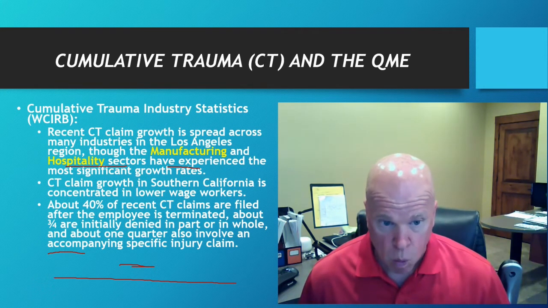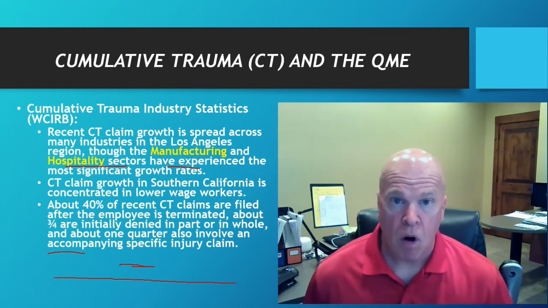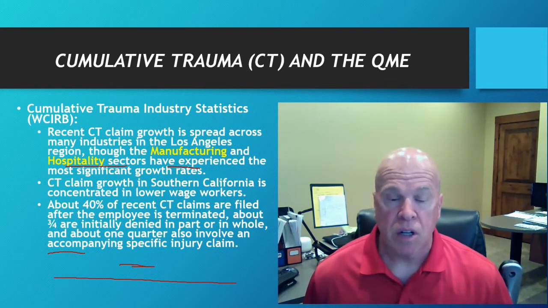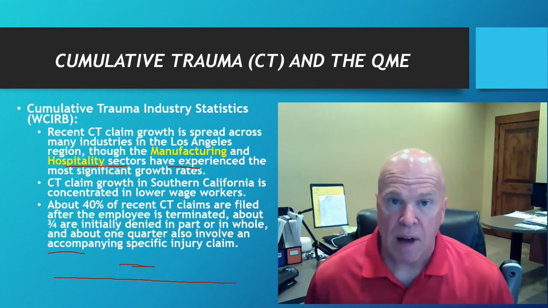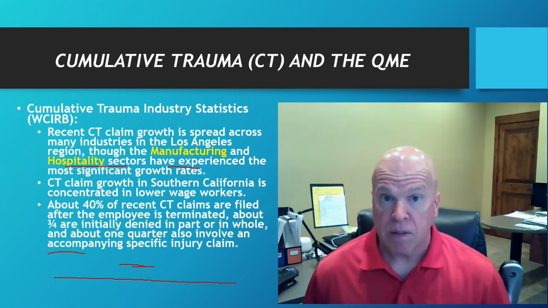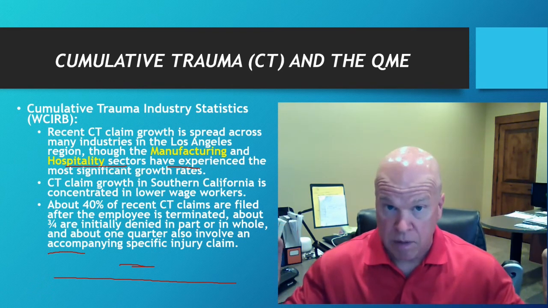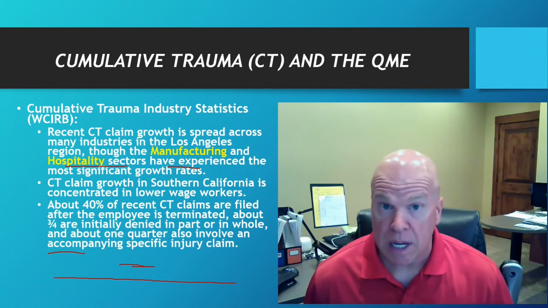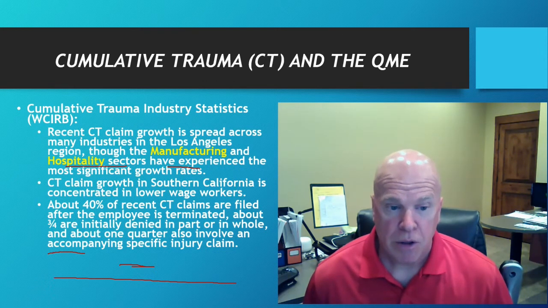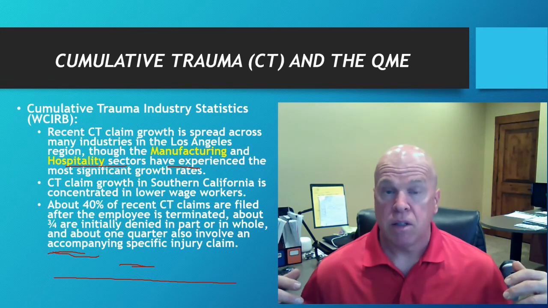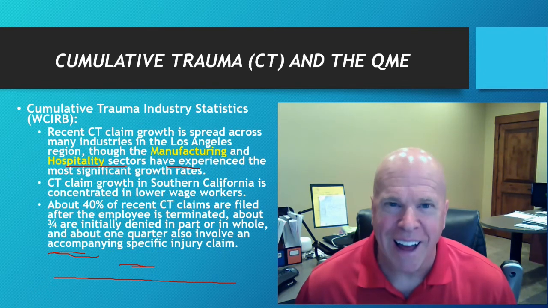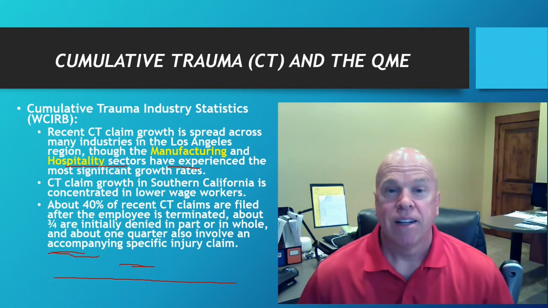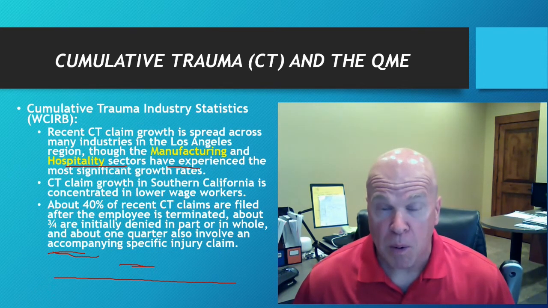So about one quarter of these, if they involve an allegation of a specific incident of injury, those have to be filed within 1 year from the date of the injury, the alleged date of injury. So these are claims filed within 1 year of the termination or separation. The other 3/4 can be filed at any point following the separation.